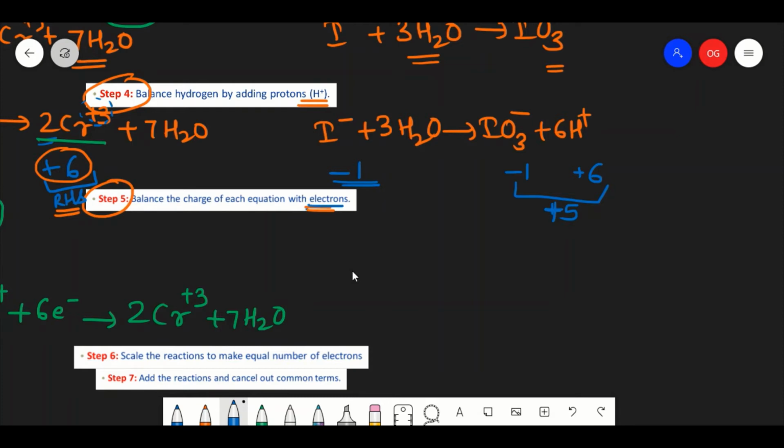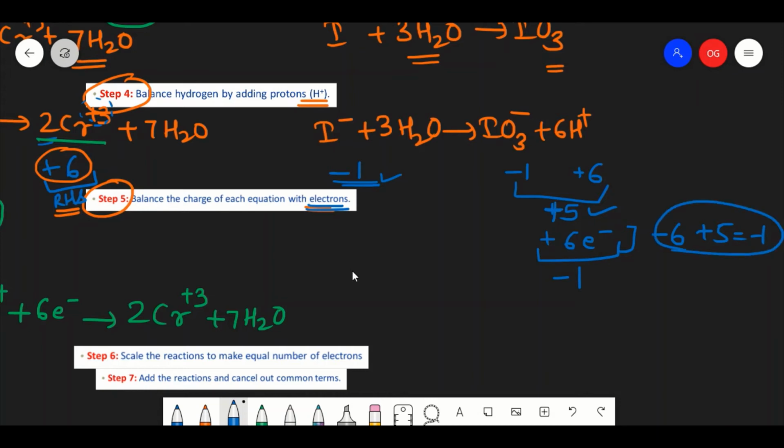So to balance this I have to add electrons. How many electrons do I have to add? Because I have to make it minus 1 by the addition of electrons. So if I add 6 electrons to it, then this will become minus 6 plus 5, that is minus 1. Adding 6 electrons means I am adding 6 negative charges.